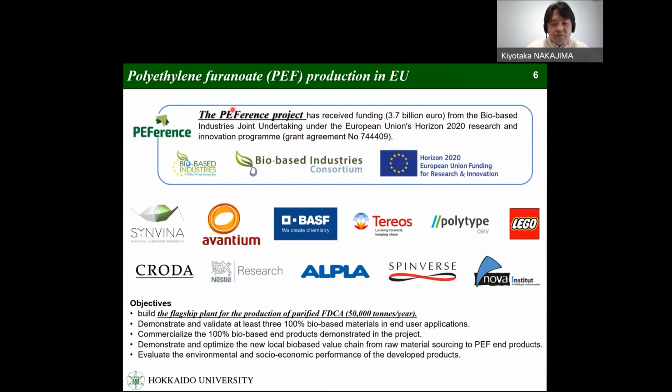The purpose of the project is to build the flagship plant for the production of purified FDCA, the monomer of PEF, and demonstrate and validate at least 100 bio-based materials in end-use applications, and commercialize these 100 bio-based end products. It also aims to demonstrate and optimize the new local bio-based value chain from raw material sourcing to PEF end product, and evaluate the environmental and socio-economic performance of the developed products.